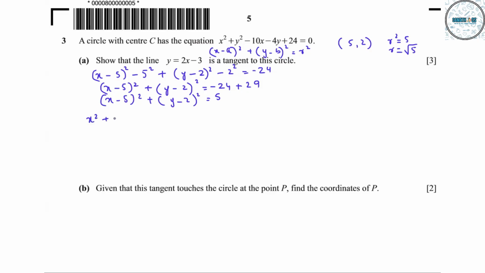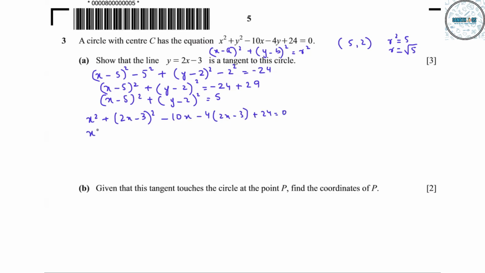will get x squared plus 2x minus 3 whole square minus 10x minus 4 into 2x minus 3 plus 24 is equal to 0.